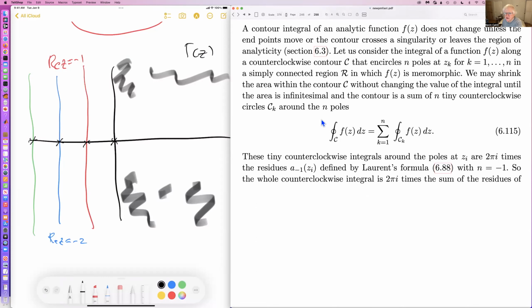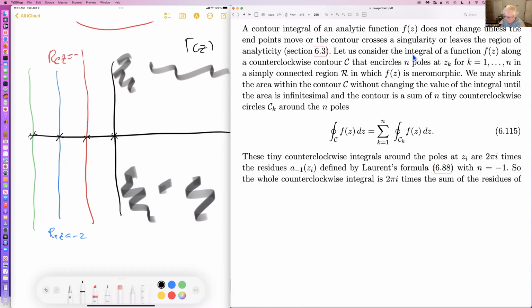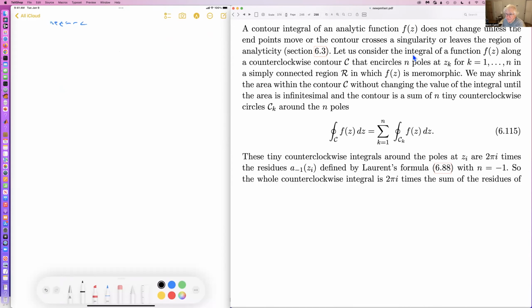One thing we can do is consider the integral of a function f of z. Suppose that we have an analytic function, and we know that the contour integral depends on the endpoints and not upon the path. So, let me shift to some other color.